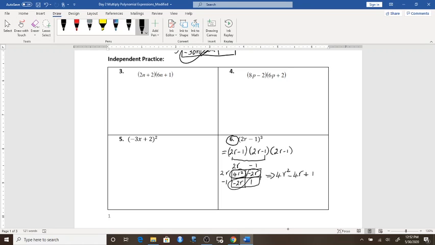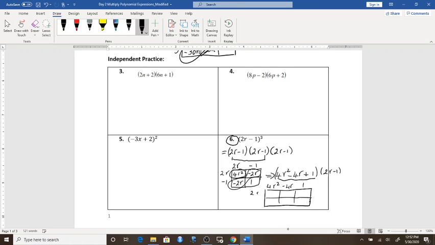Okay? Alright, so at this point, we have three terms, right? We got this, and we need to multiply this, put in parentheses, by, again, 2r minus 1. So we're going to draw another box, and this box is going to have a dimension 3 by 2 in this case. So one expression is 4r squared, negative 4r, and plus 1.